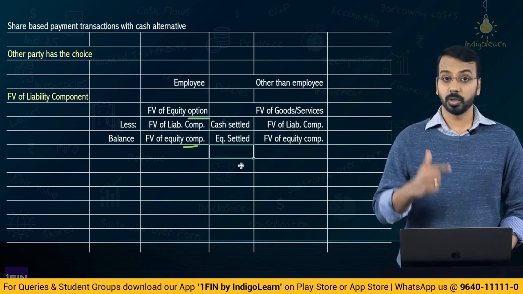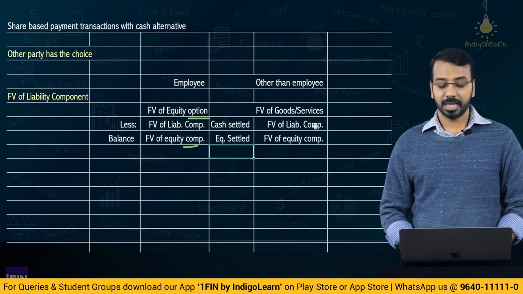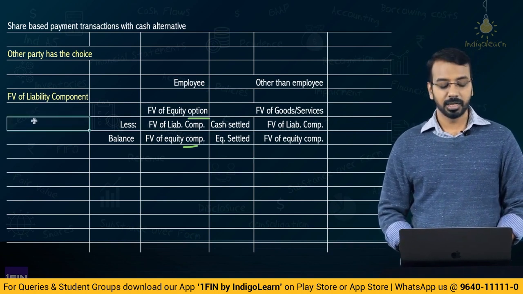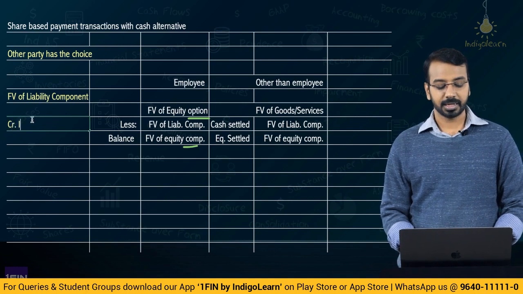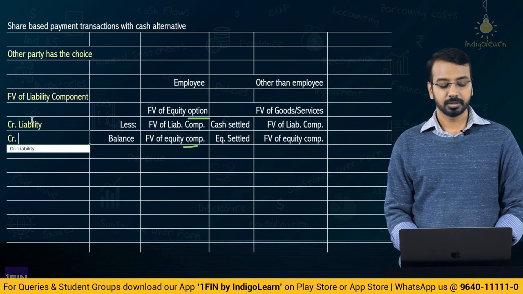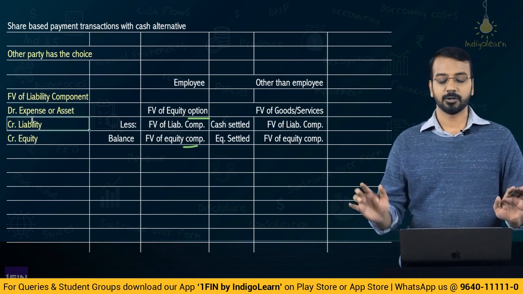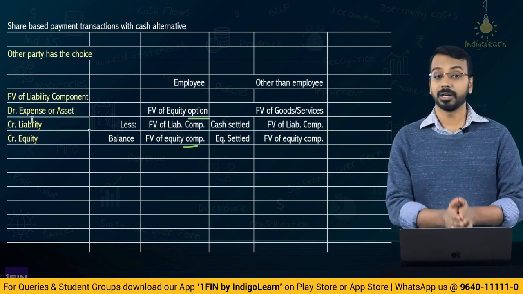So you will debit the expense, and for cash settled transaction you will credit liability, and for equity component you will credit equity. For the total value you will debit expense or asset. A simple structured way to remember this.